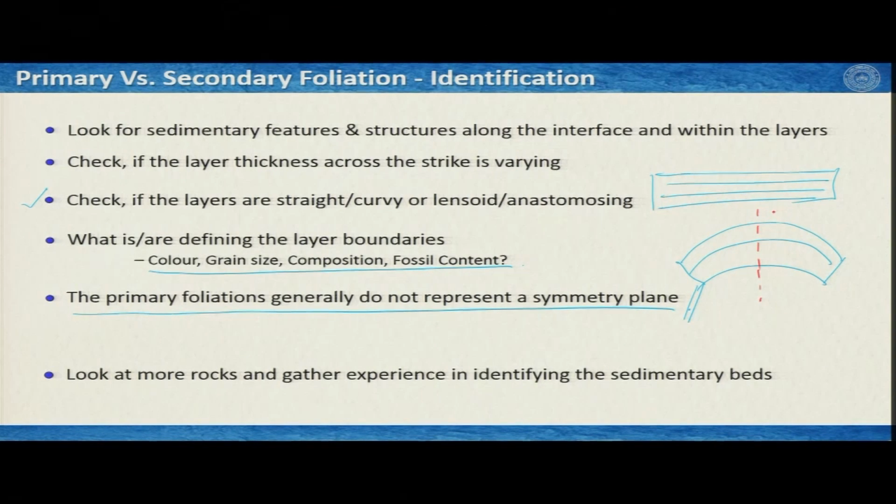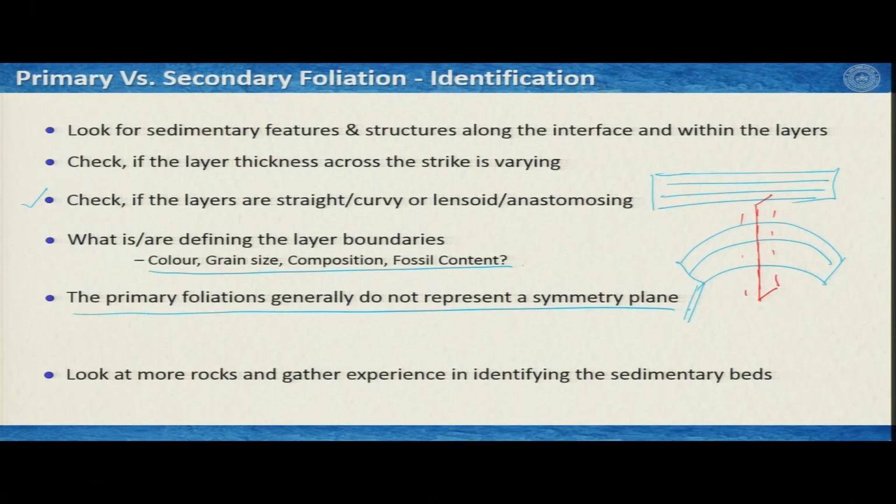So, this is your secondary foliation, we have learnt it. If I consider this plane, it represents a symmetry plane of this deformed structure. So, secondary foliations always represent a symmetry plane, and primary foliations do not do that.